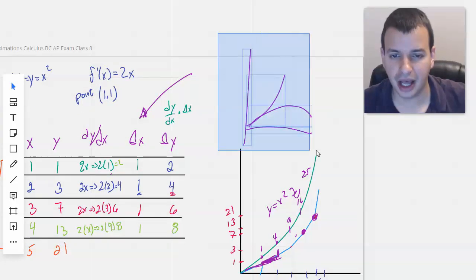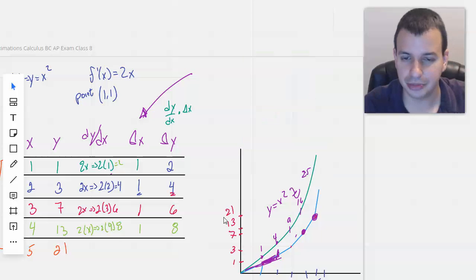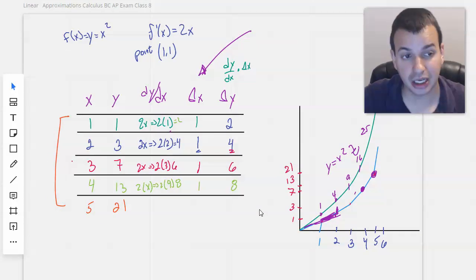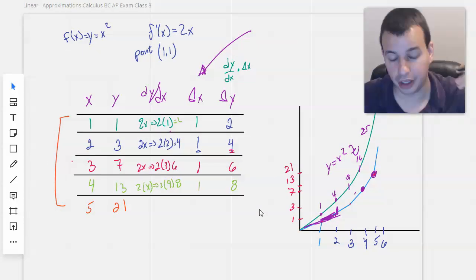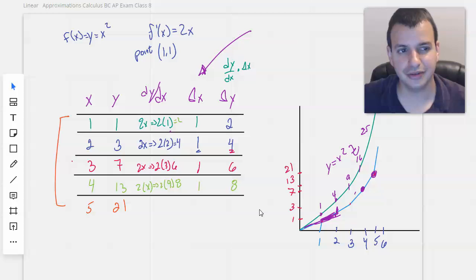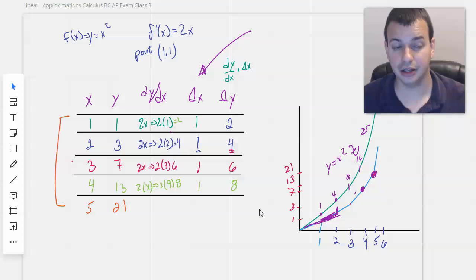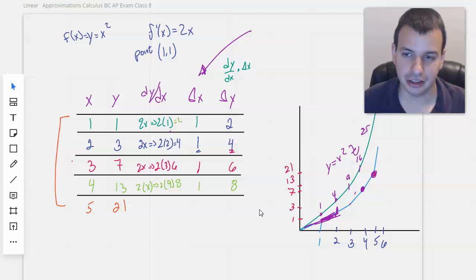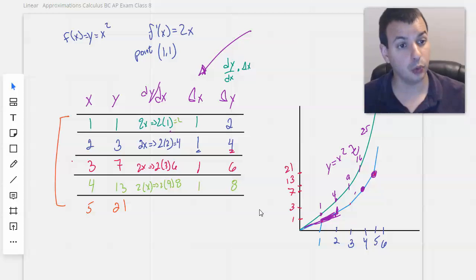So I would not go with the rote memorization per se, because most of the problems you get for Euler's method on the AP exam will be relatively simple. And if you can understand the concept of what you're doing, you can just go through this and make it work.